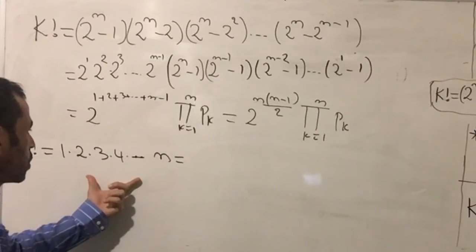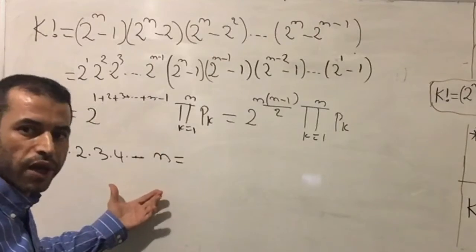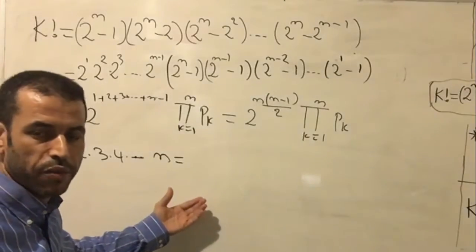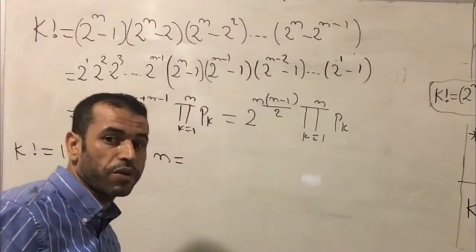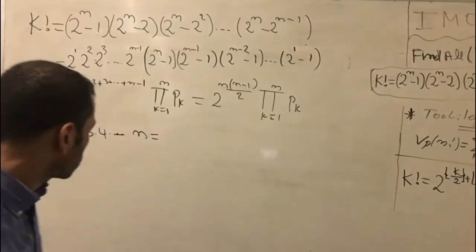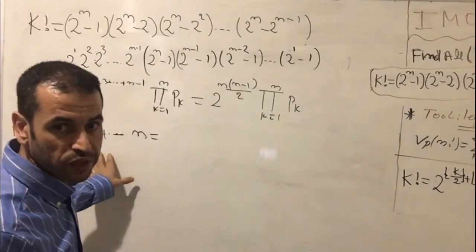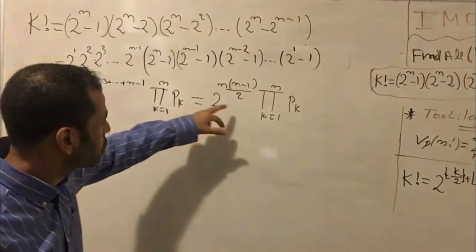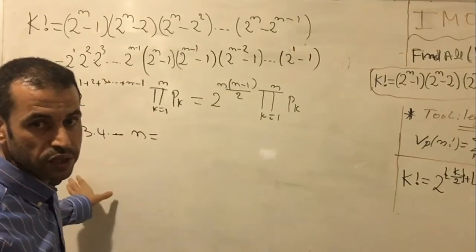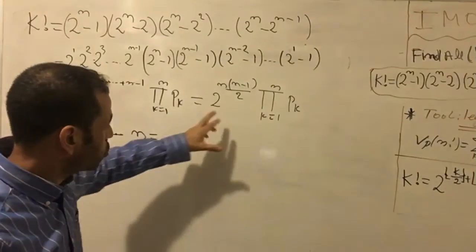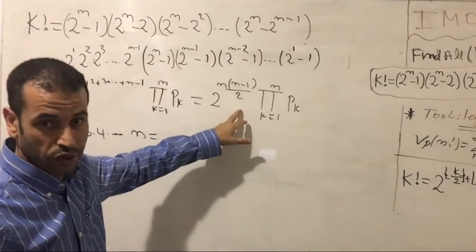In other words, how many 2s do I have here, how many 4s, how many 8s, how many 16s. So the multiples of 2, that's my goal. Why? Because I'm going to transform this form into the form on the right hand side, so the left hand side expression should be the same expression as the right hand side.